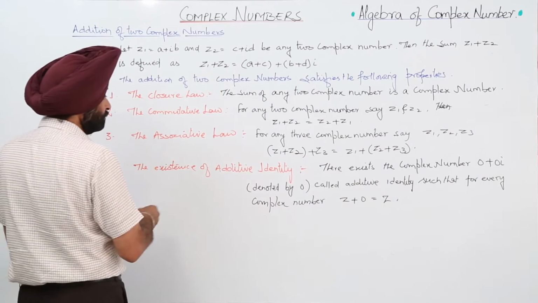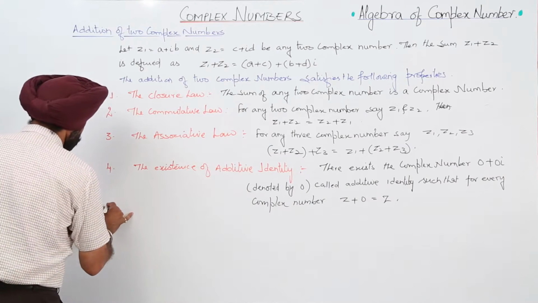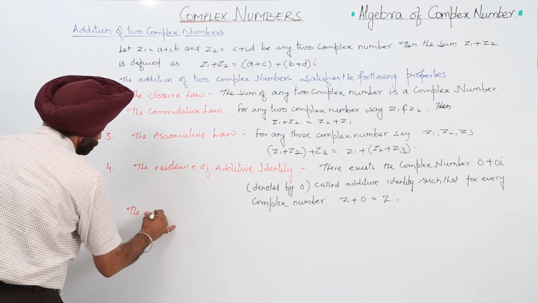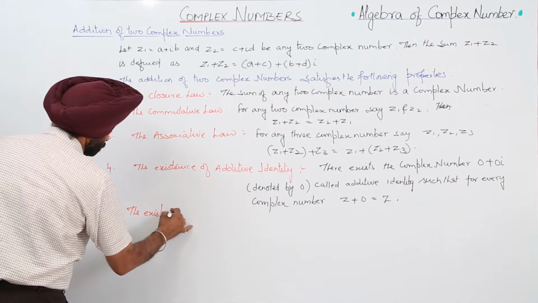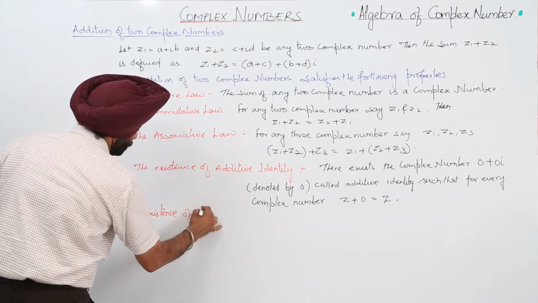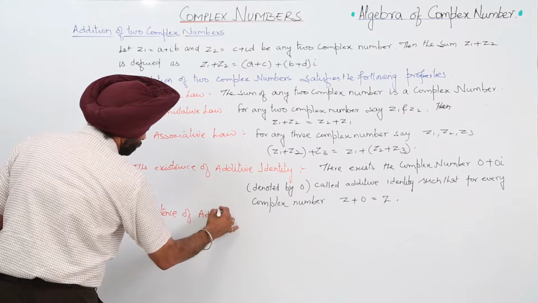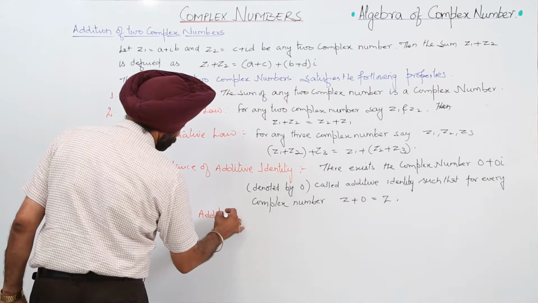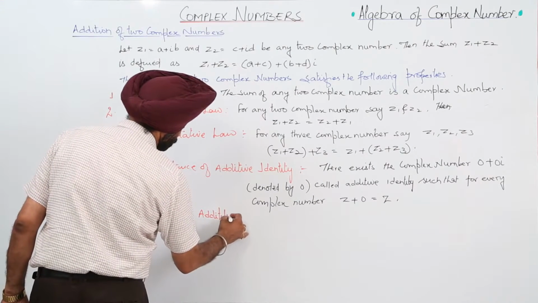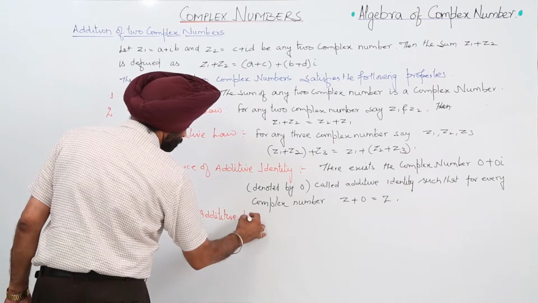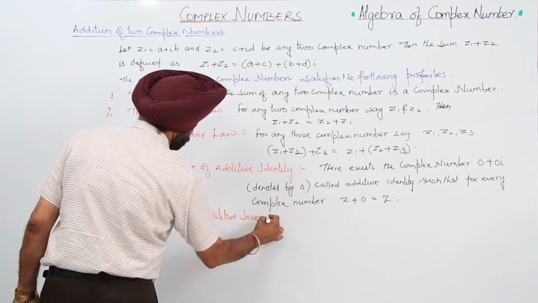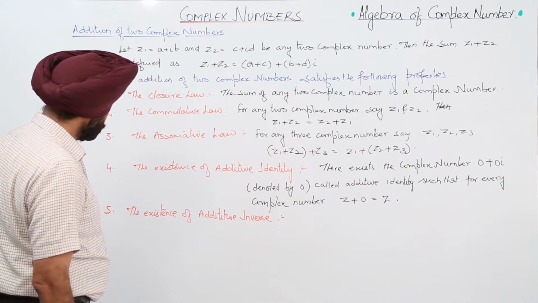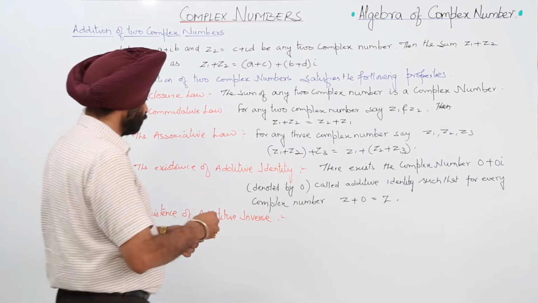Property number 5, the existence of additive inverse. Now what does this state?